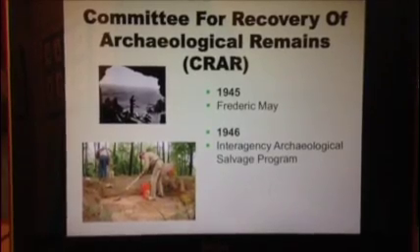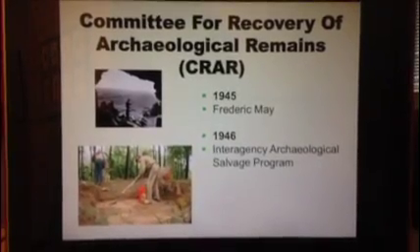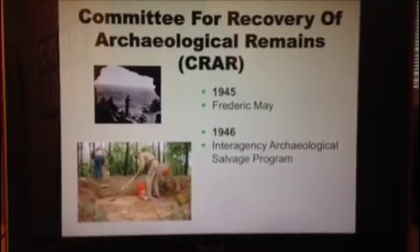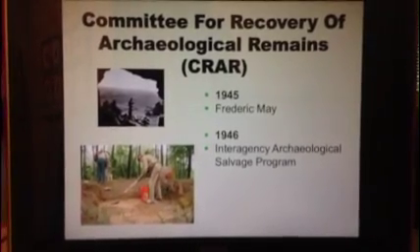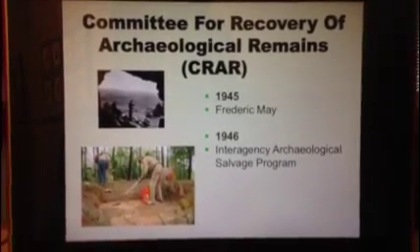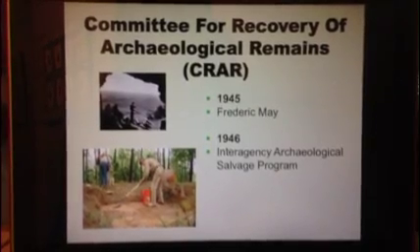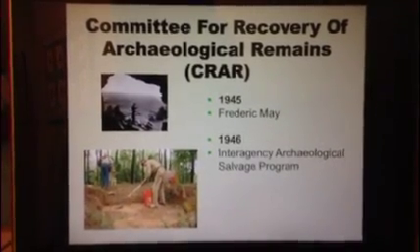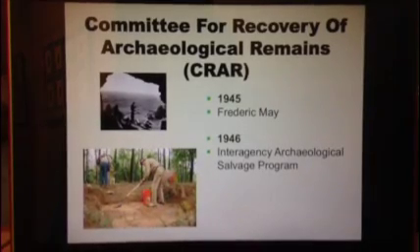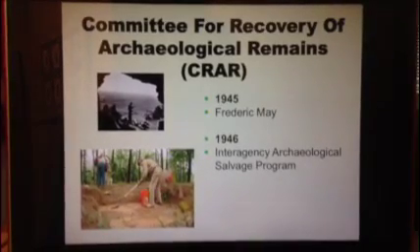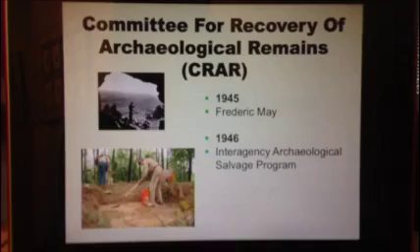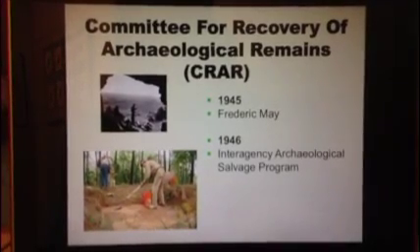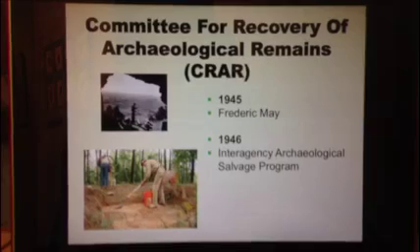As a consequence, the Committee for Recovery of Archaeological Remains was formed, again an independent organization. The River Basin Project was its main impetus there to protect these areas. And eventually, in 1946, all this led to the formation of this Interagency Archaeological Salvage Program. And again, doing the same thing, except now it's federally funded, basically. Changed names, didn't really change function all that much.